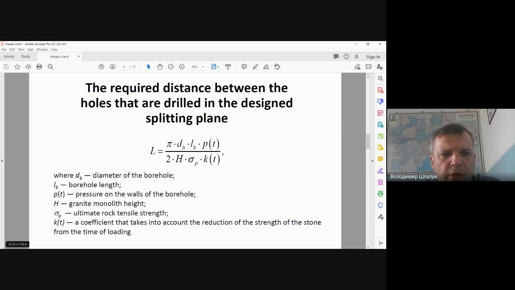For calculation of the distance between boreholes, it is proposed to use the equation presented on the slide.